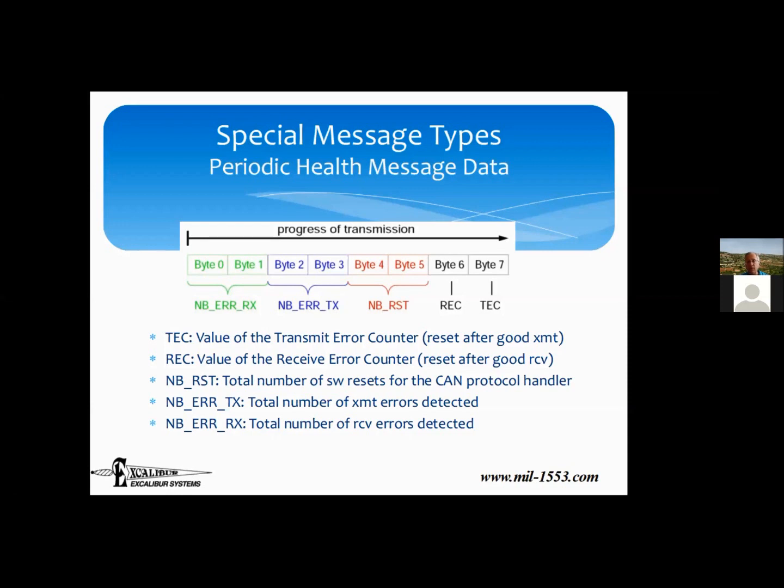Whereas these are going to tell you, from the time you turned on the box in the morning, how many errors there have been. Based on this information, you can tell whether you've got a problem. Certainly, when you land, this is going to go into the maintenance log, and the engineers going over the plane are going to want to know which devices had problems, and maybe they would switch them out.